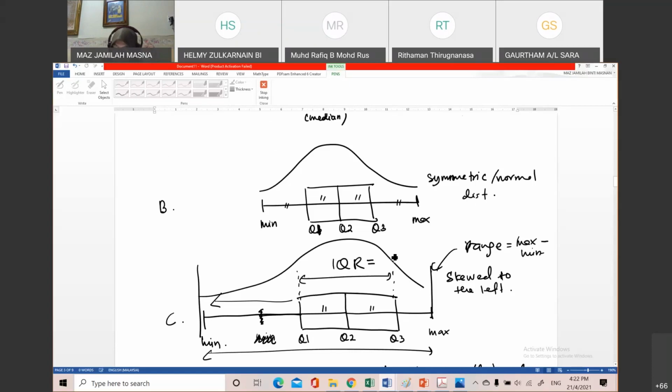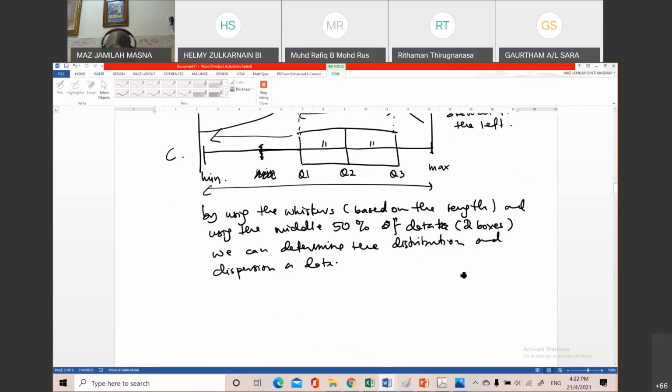And IQR is obtained by Q3 minus Q1. Okay, so on top of this, IQR can be used to describe the dispersion. Okay, that would be your second answer.